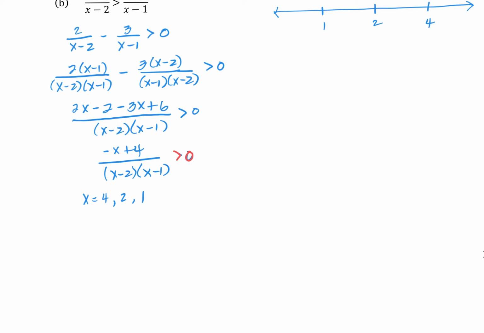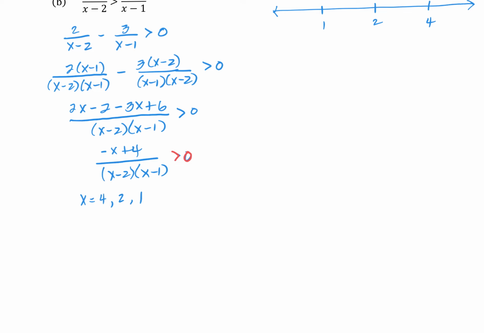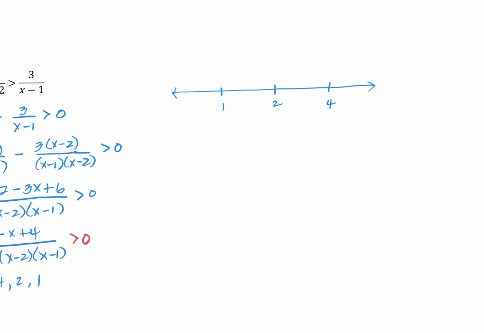And in general, whenever you have strictly greater than or strictly less than, you cannot use these values. They will not work. So open circle 1, 2, and 4. Let me write down my interval. Negative infinity to 1, parenthesis, parenthesis 1 to 2, parenthesis 2 to 4, parenthesis 4 to infinity.